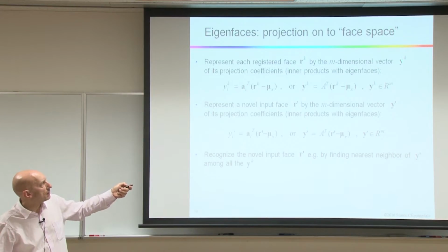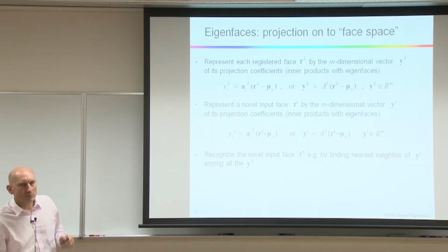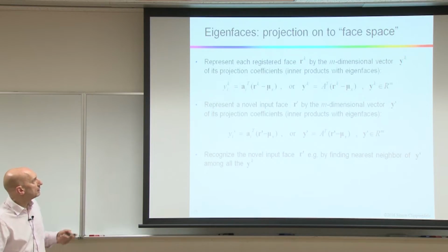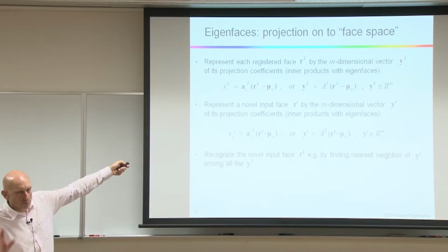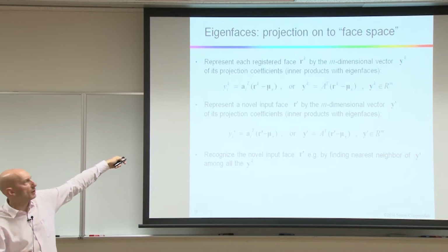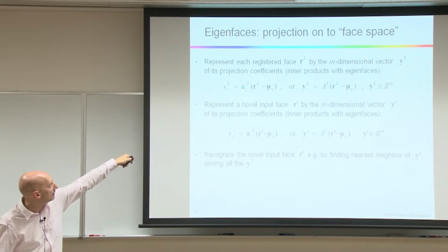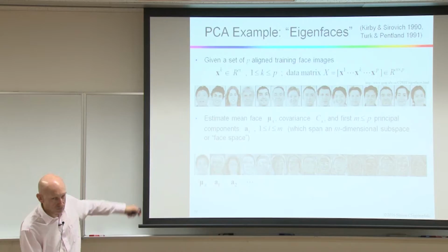We create an m-dimensional vector like this, yk, of its projection coefficients onto this eigenspace. So this is the kth registration, the image that we want to register in the database. This is the coefficient when we take the product of that with the ith eigenvector, the ith member of this series.